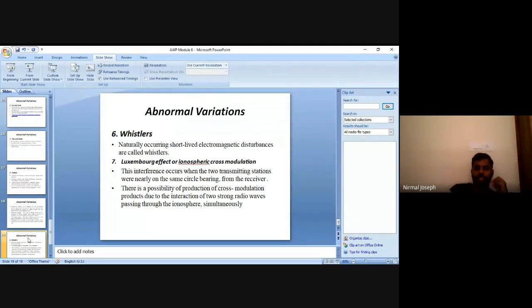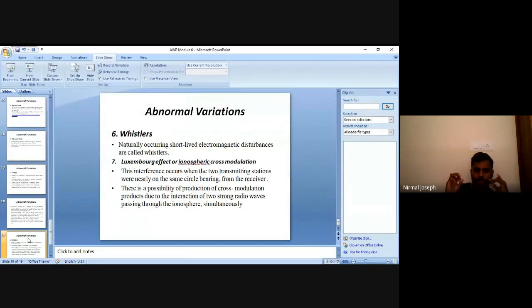Suppose there are two transmission stations within the vicinity of the receiver. There is a possibility of production of cross modulation products due to interaction of two strong radio waves passing through the ionosphere simultaneously. Both stations are transmitting, but the receiver is tuned to receive one station only.